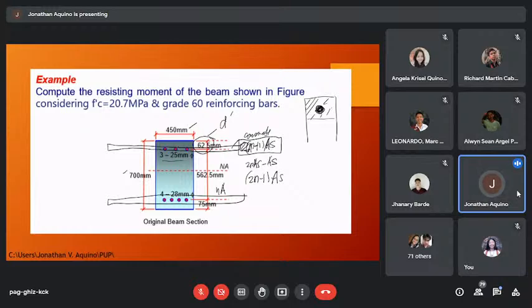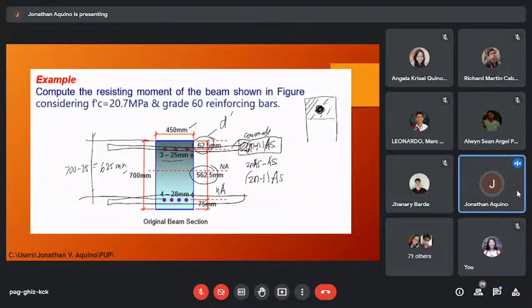So ang D natin dito, so ang D natin is just simply 700 minus 75 millimeter, just simply 625 millimeter. Then the lever arm, considering the compression steel, is equal to 562.5.